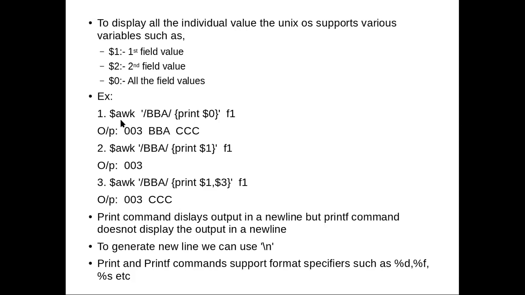If I find that, I want to display only the first field value and the third field value. How can we do that? We can give the action as print $1, $3. So it will display only the first field value and the third field value of the record or the line which is containing the pattern BBA. Okay, so this will allow us to extract only a particular field value from the record.